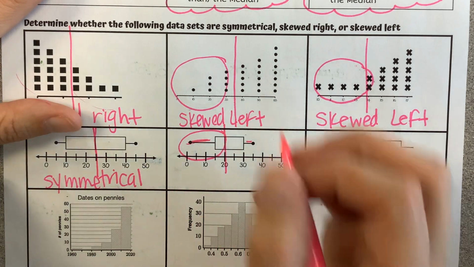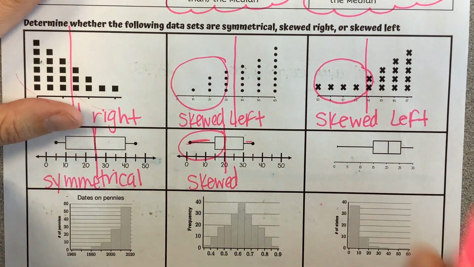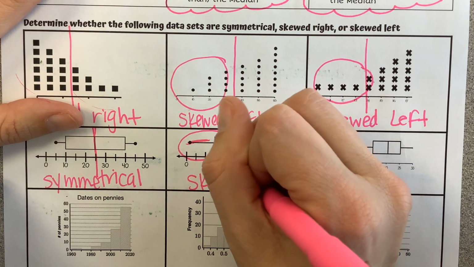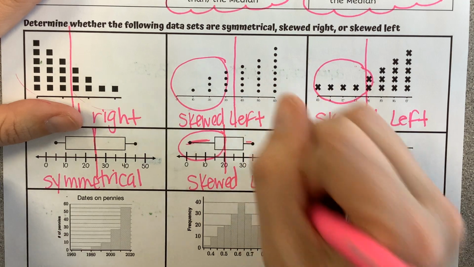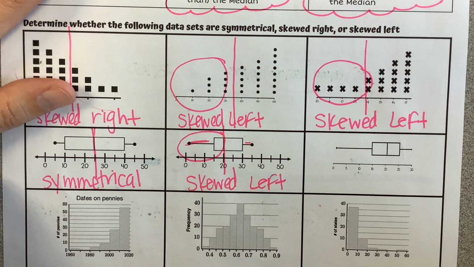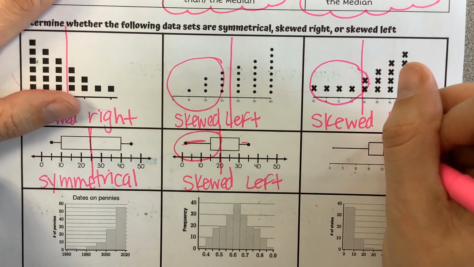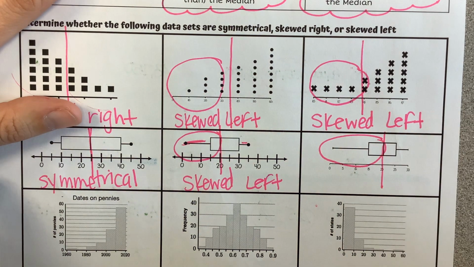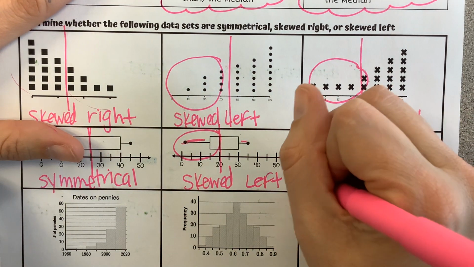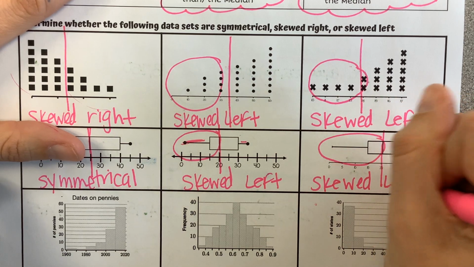So this would be skewed left, because it's more spread out on the left side. When I look at this one, it's spread out more on the left side again, so it is skewed left.